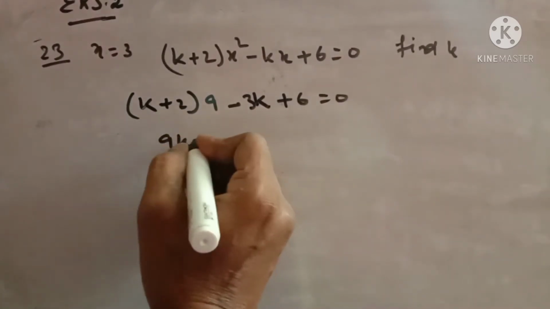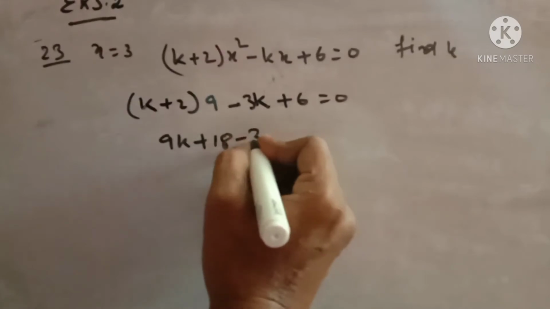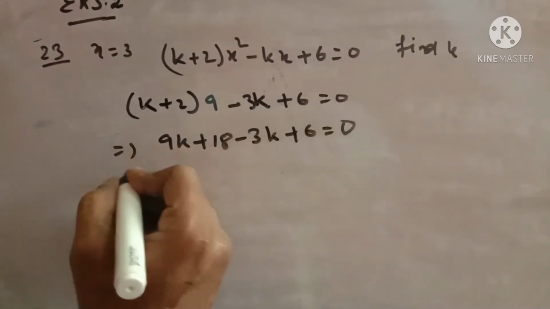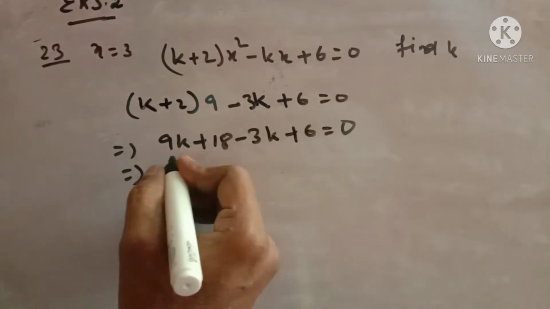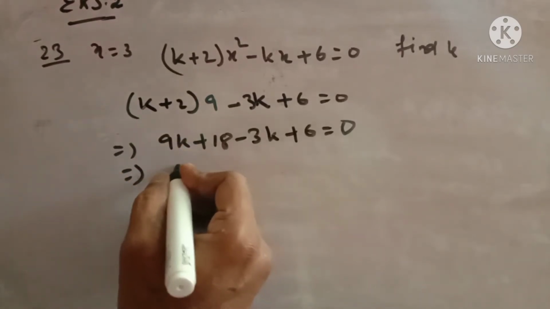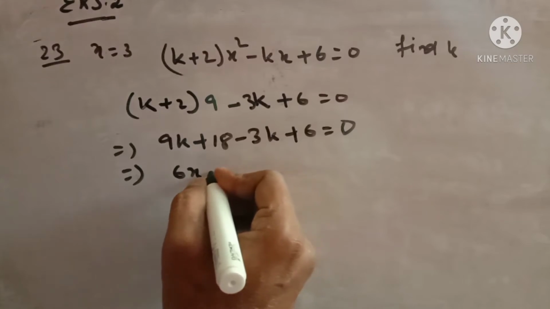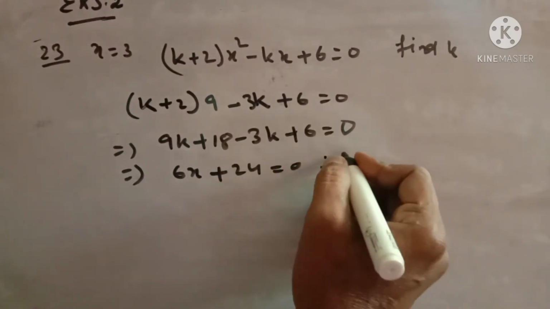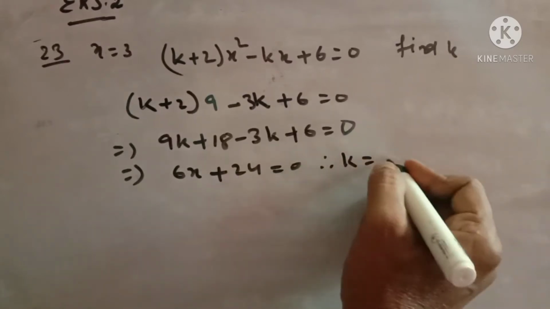Therefore 9k plus 18 minus 3k plus 6 equal to 0. Now this part I can write 6k plus 24 equal to 0. Therefore k equal to minus 4.